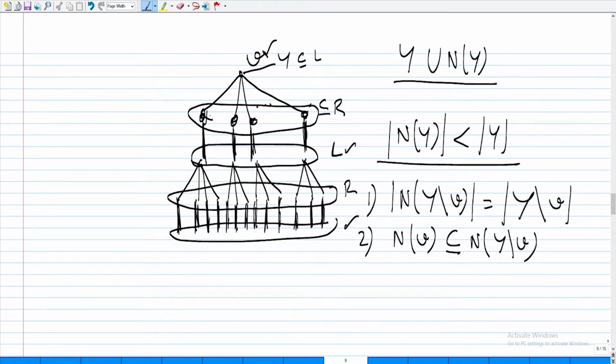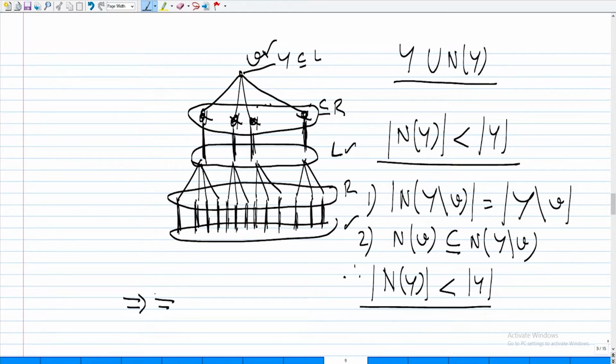So these guys, these are a subset of Y minus V, right? Therefore, the cardinality of neighborhood of Y, right, is less than the cardinality of Y. Right? This is the contradiction to the premise that we started with.